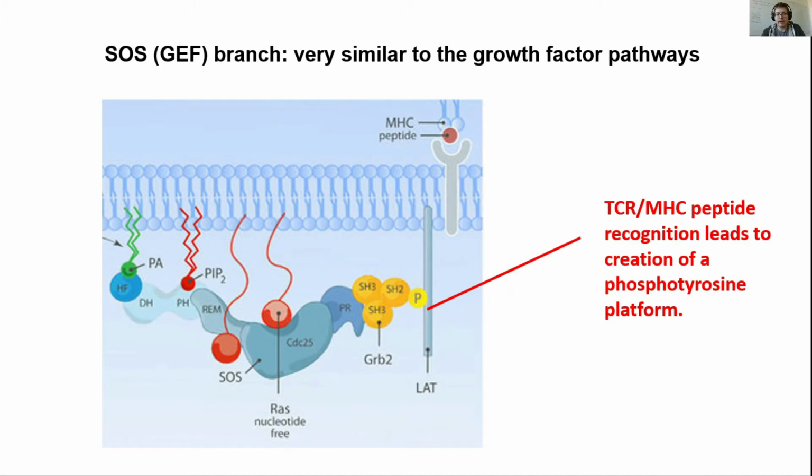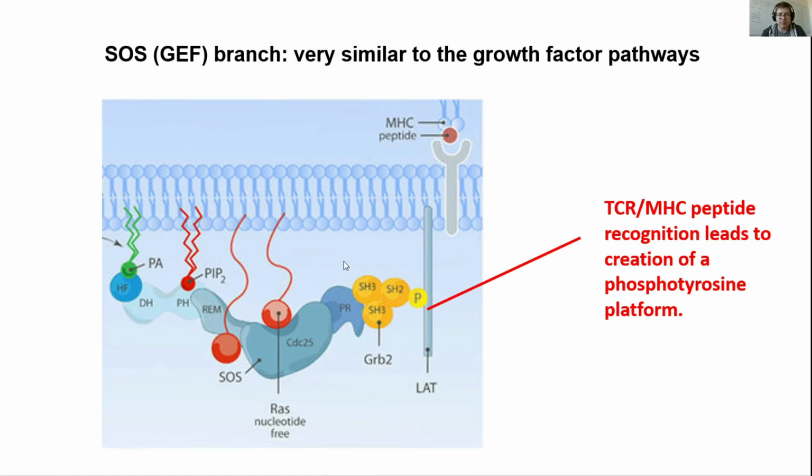And so let's talk about how each of those GEFs are functioning separately, and then let's think about what happens when both of them are working together. The SOS branch of T cell signaling is very similar to the growth factor signaling pathways we discussed. That is, when the T cell receptor recognizes a foreign peptide, it's going to lead to the creation of a phosphotyrosine platform on a molecule in the cytoplasm. In this case, that molecule is called LAT.